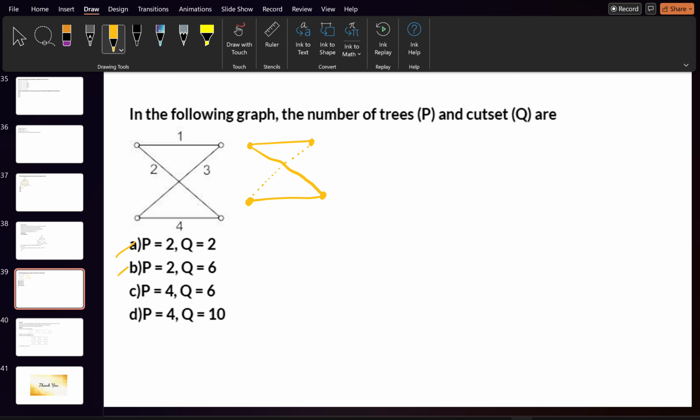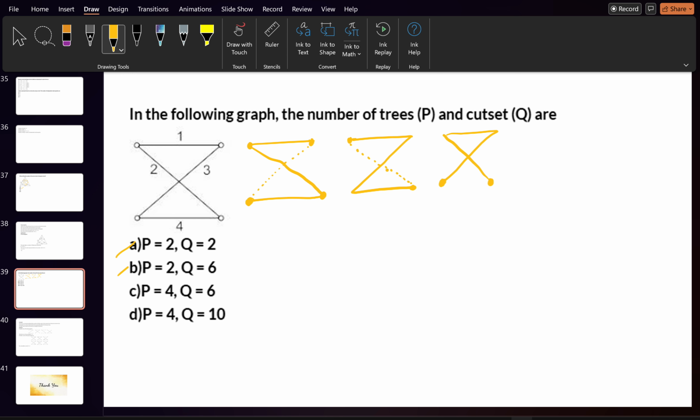So this is the one tree, and the second tree can be formed like this. And this also can be formed. So like this you can form. This is also not a closed path.